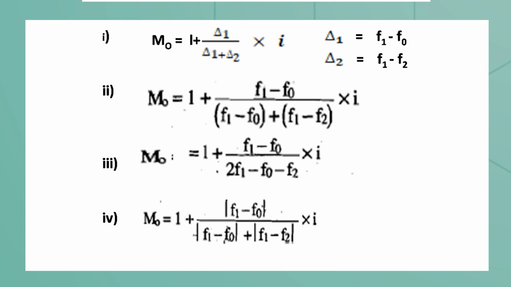Now if you see the fourth formula, there are big lines in between, with F1 minus F0 as numerator. In the denominator also F1 minus F0, big two lines on two sides, plus F1 minus F2 with the same lines. These lines are termed as mod. Here mod means ignoring the mathematical signs, plus or minus sign. Why?